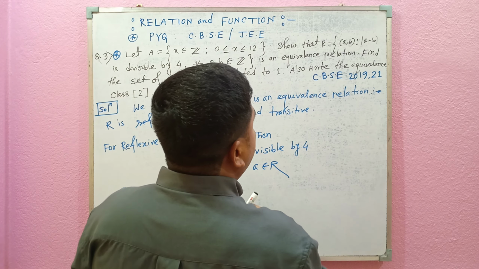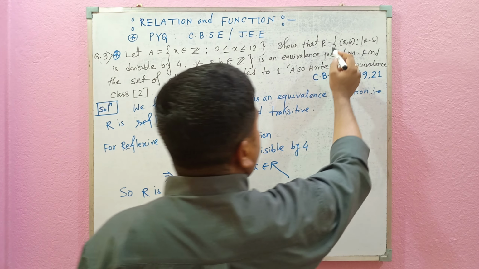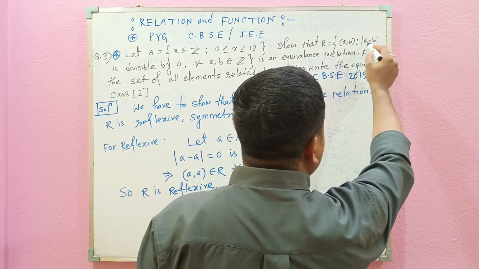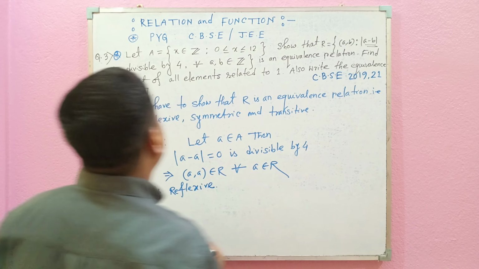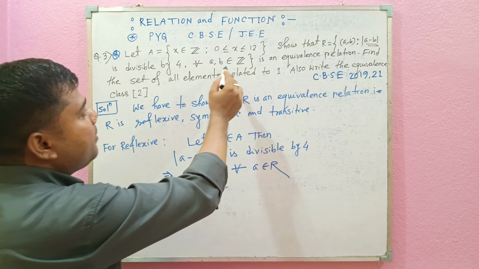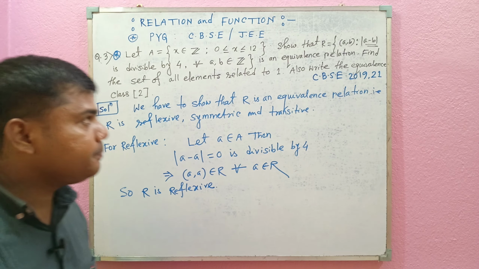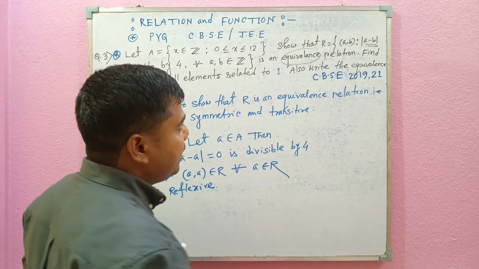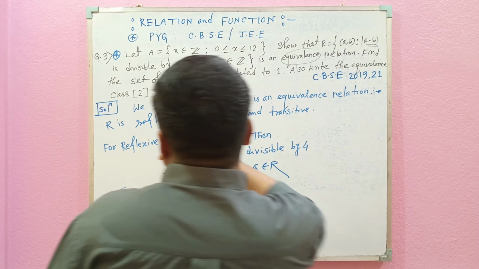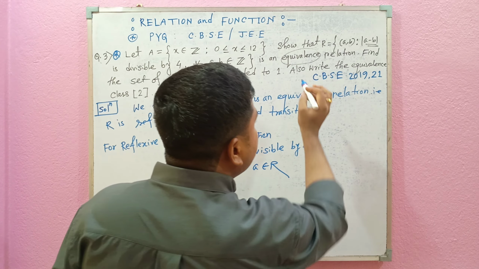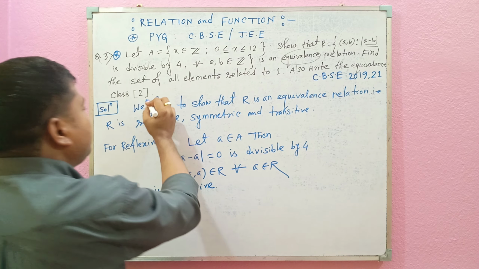Show that the relation R, the set of all (a, b) such that modulus of a minus b is divisible by 4 for all a, b belonging to the set of integers, is an equivalence relation, and find the set of all elements related to 1 and also write the equivalence class of 2.